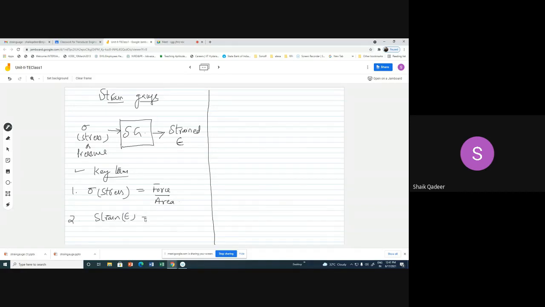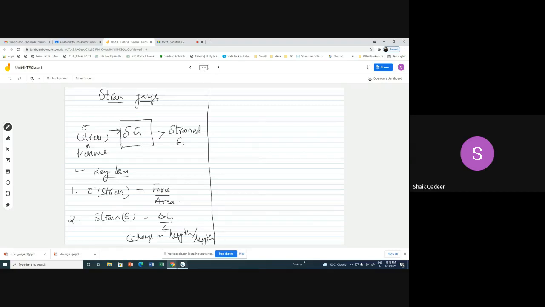Second term, strain. It is defined as deformation or change in length per unit length.